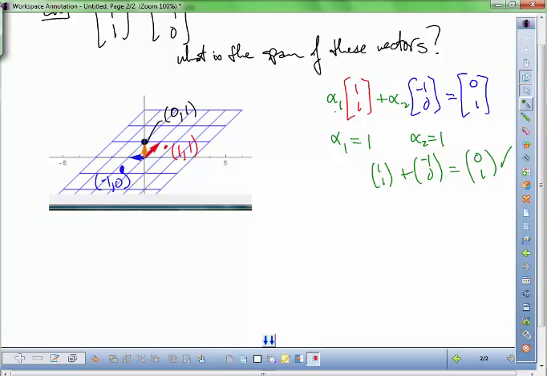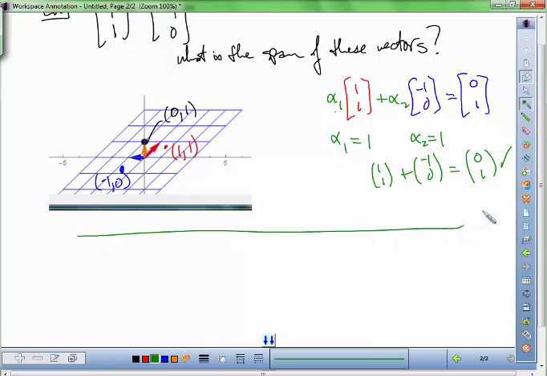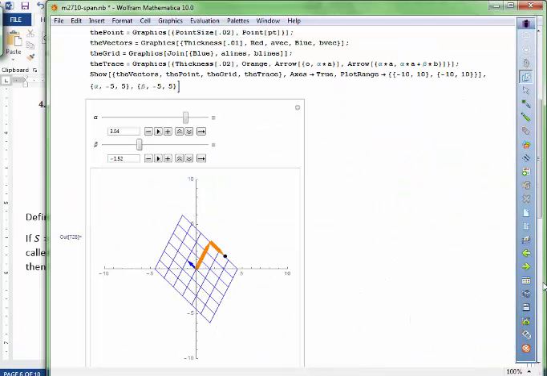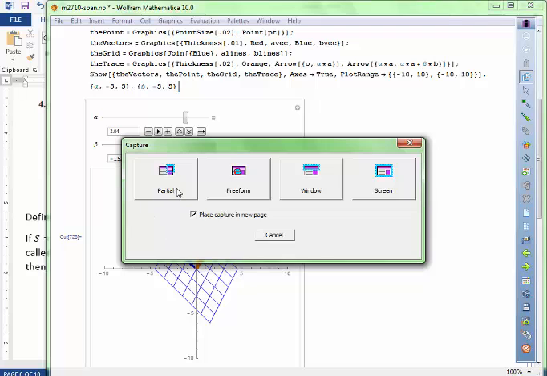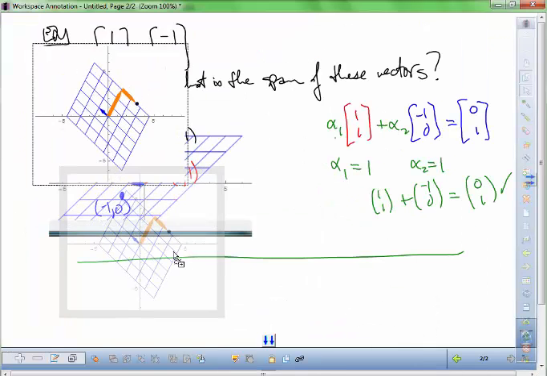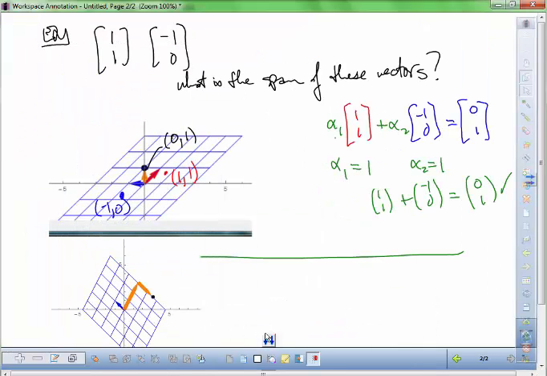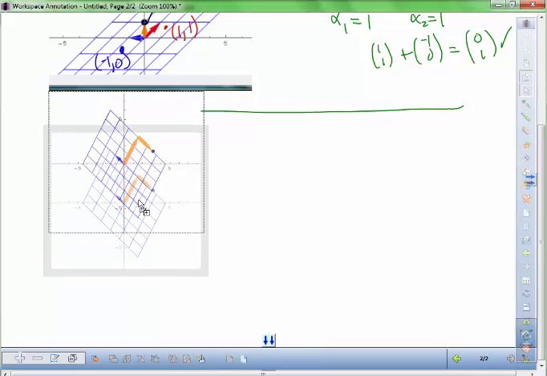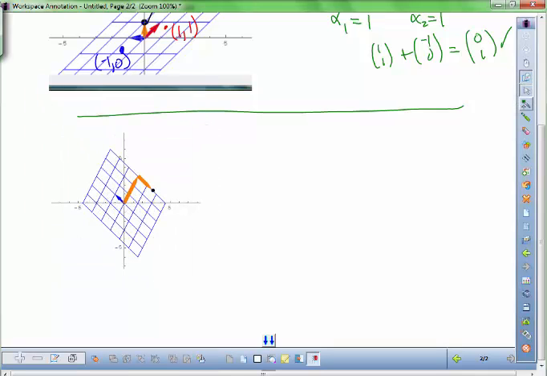For something like the problem we just did, you'll probably need a computer or calculator to figure this out, especially since we got this weird point.